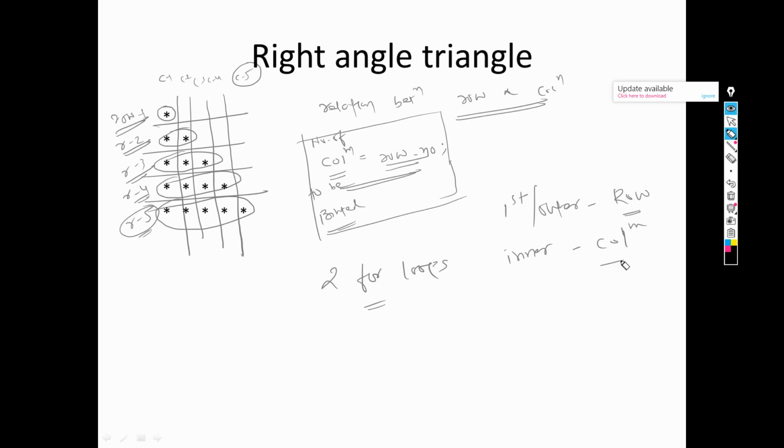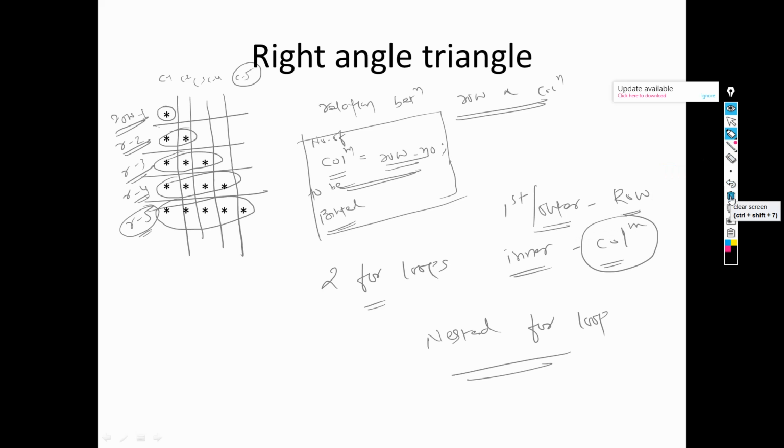So here we will be using the concept of nested for loops. We have already seen this concept, but we will use the same concept here. The outer for loop represents row, and the inner for loop represents column.